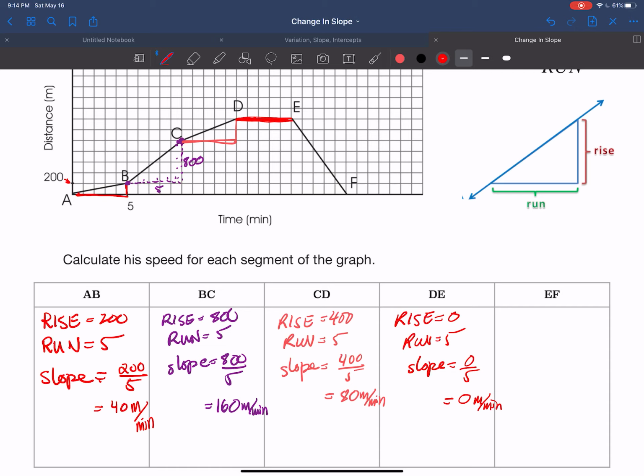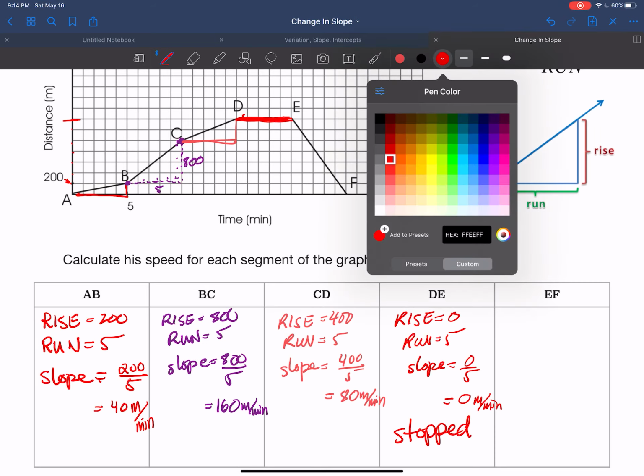He's staying at a distance of whatever that is, 1,400 meters away, and not going closer to his house or further away from his house. He's stopped. He's not moving anywhere. He's staying in that one spot. So he's resting, he's catching his breath. So it's a horizontal line, which means the slope is 0. And then finally, E to F.